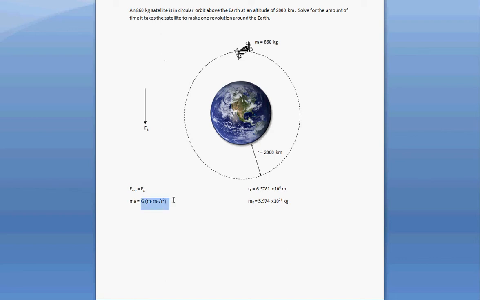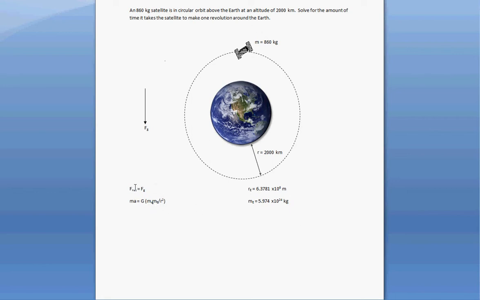Because this is our force of gravity, and we're setting that equal to ma because ma is the net force. Alright, so we need to figure out what these masses are. This second mass here is the mass of the Earth, and our first mass is the mass of the satellite.